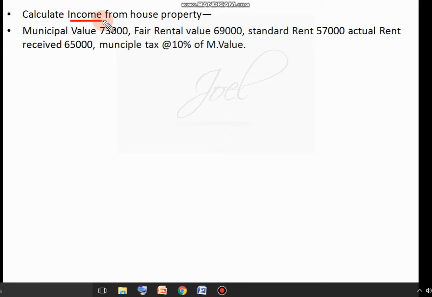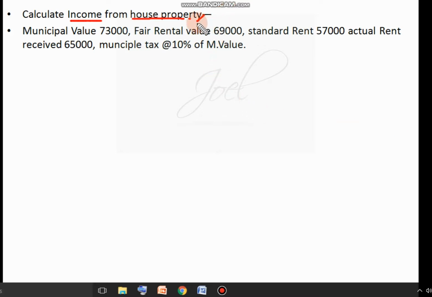We are supposed to calculate income from house property. There is a format to calculate income from house property. About that format I have already told you, and just now I showed you the format in the previous class. We have discussed about that also. So, we are going to calculate income from house property now.